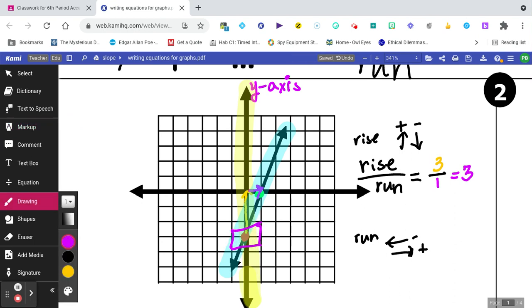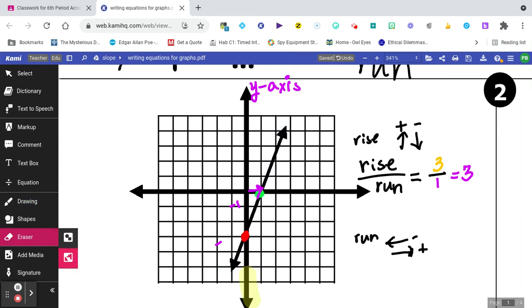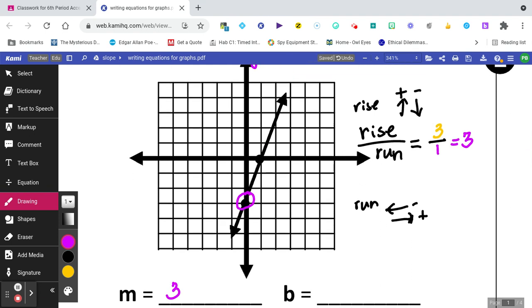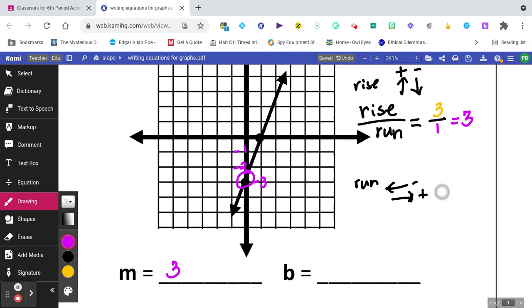And that's at -1, -2, -3. That's a -3. So that's a y of -3, guys. They meet right here at a y of -3, -1, -2, -3, just to show you again.